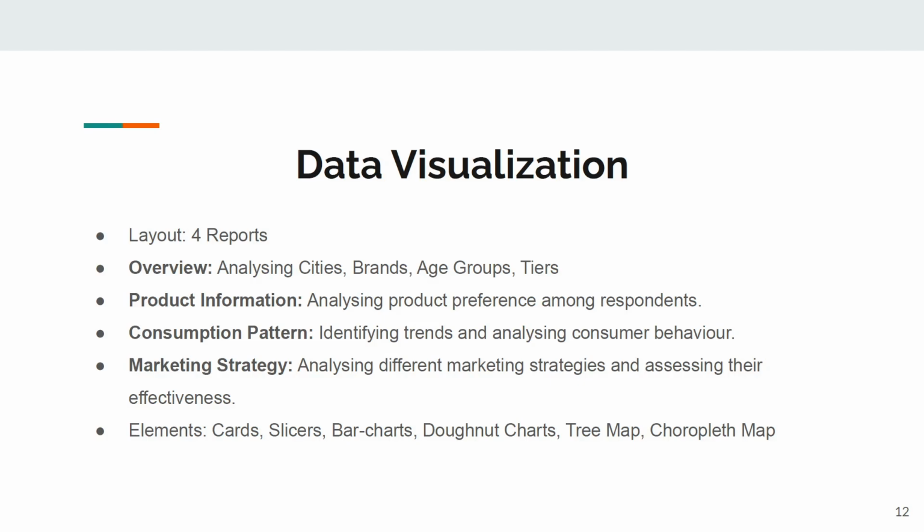What factors are they keeping in their mind while selecting a particular product? Similarly, in marketing strategy, we can analyze all the different types of strategies and how effective they are in making the customers reach the particular location. So these are the elements which are used in the visualization, and now we will see all the reports.